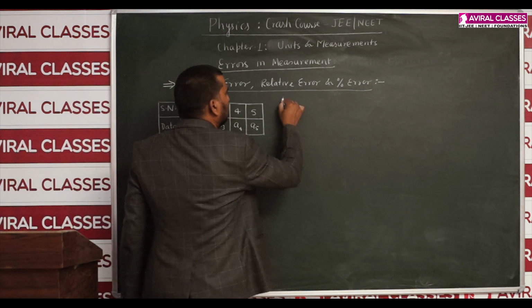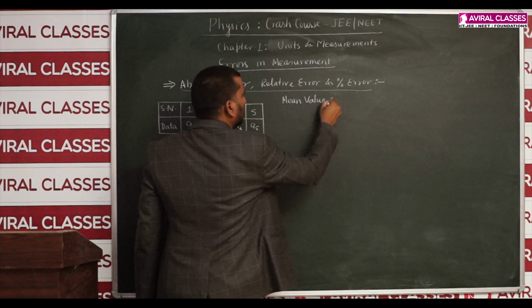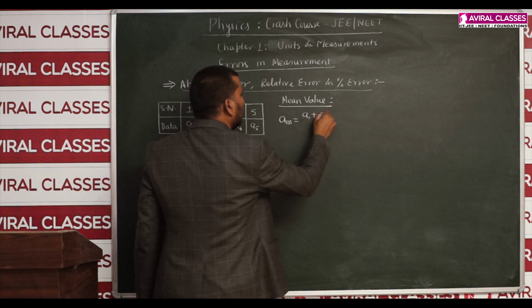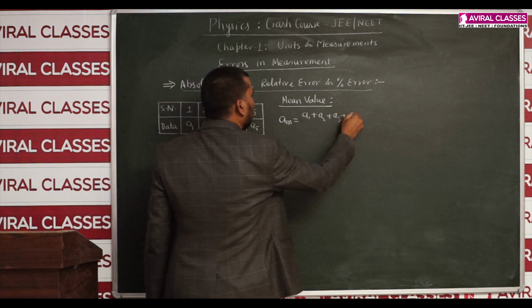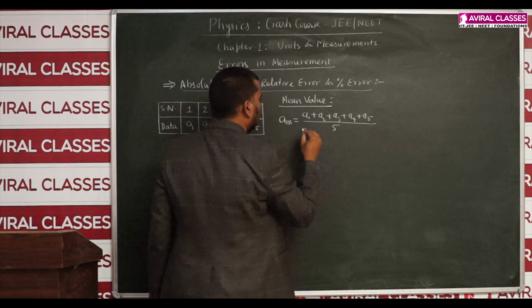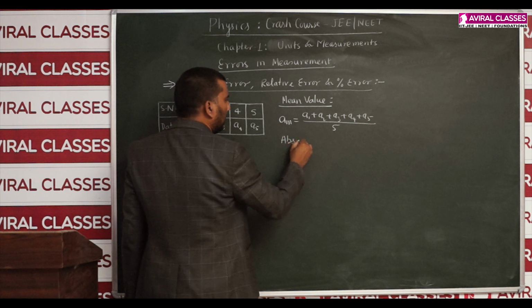Mean value: A mean is A1 plus A2 plus A3, A4, A5 upon 5. Now what is absolute error?